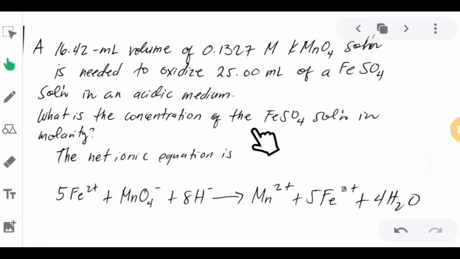What is the concentration of the FeSO4 solution in molarity? Wherein the net ionic equation is this one. For redox reactions, you will be encountering the ionic charges. Unlike the acid-base neutralization, which just has the aqueous, liquid, and gas subscripts, here in redox you will have the charges. It seems complicated, but it just denotes the charges.